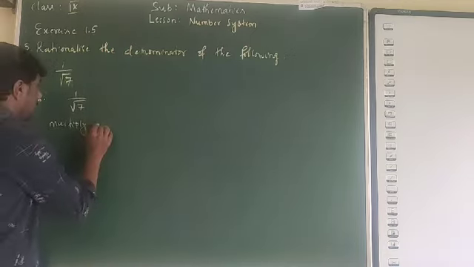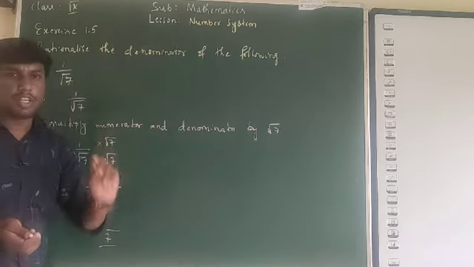But observe the denominator. Here the denominator is irrational, here it is rational. Only the denominator. So we have brought the denominator into a rational number. This is called rationalizing the denominator.